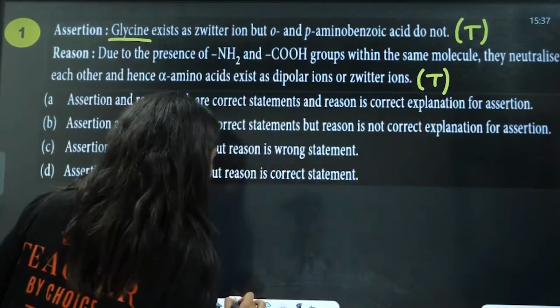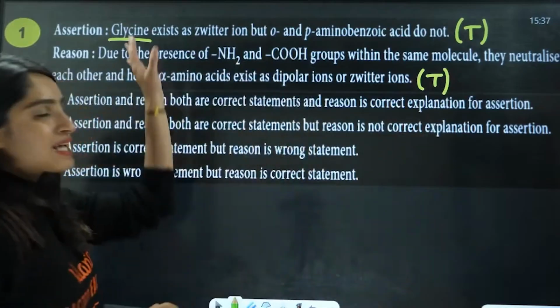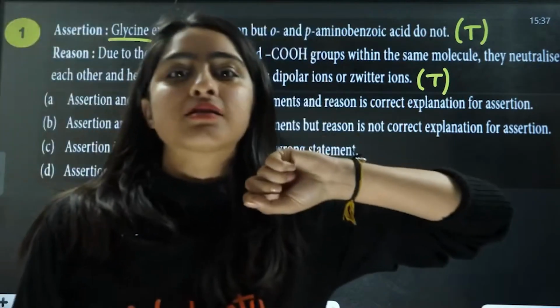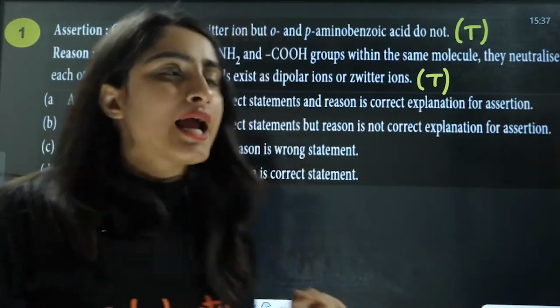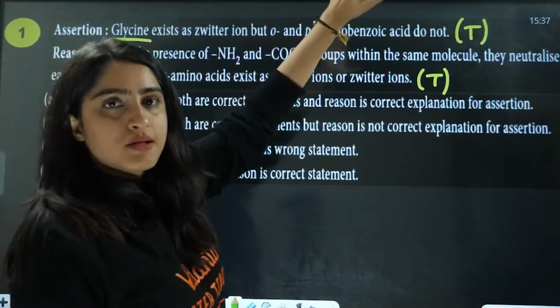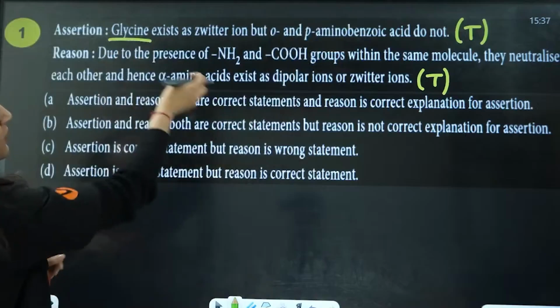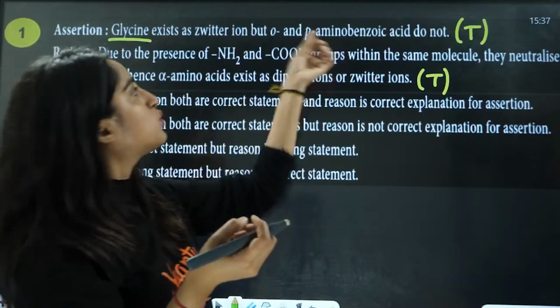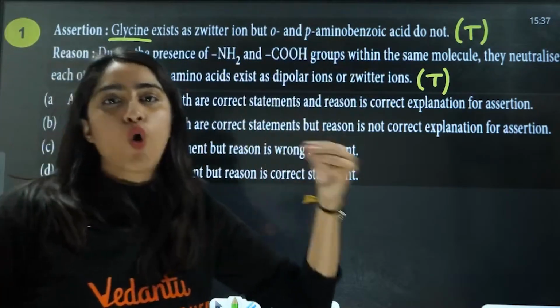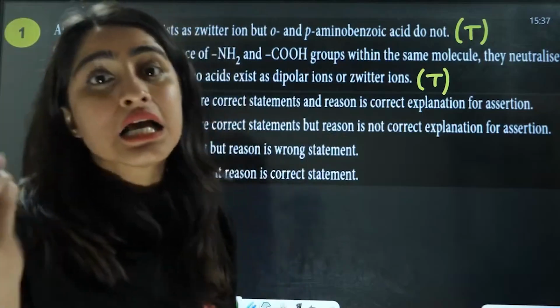This statement is also true. Glycine is an amino acid, it exists as a zwitterion, but this other one does not. The NH2 is going to accept the proton from COOH.